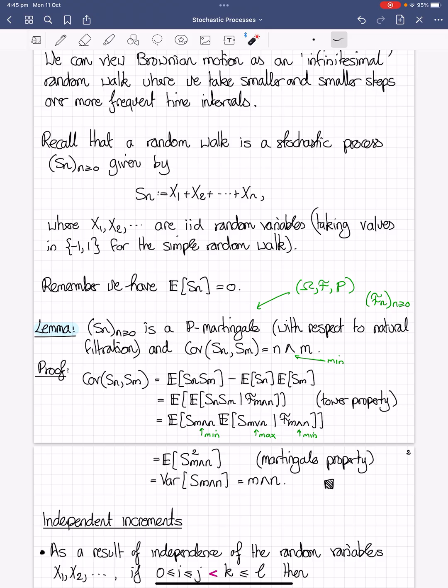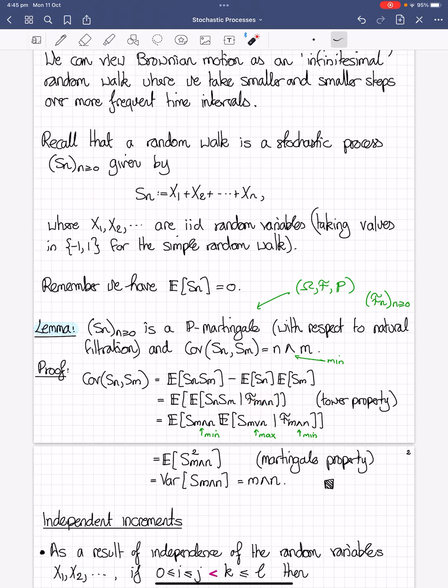So we can basically introduce an inner conditional expectation. Now, this is the filtration up to the time point given by the minimum of n and m.